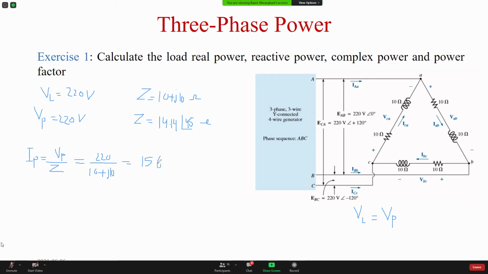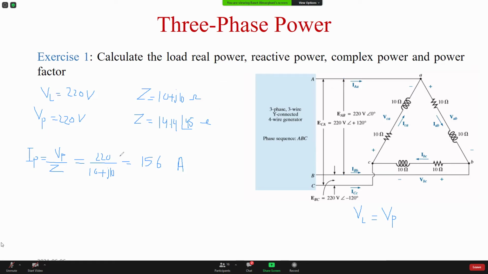Okay. Now it has an angle, but it's not important because I'm doing the power calculation. Now if it says find the current, you have to find it with the angle. But now I'm only finding the current to use it. It's not in my question.